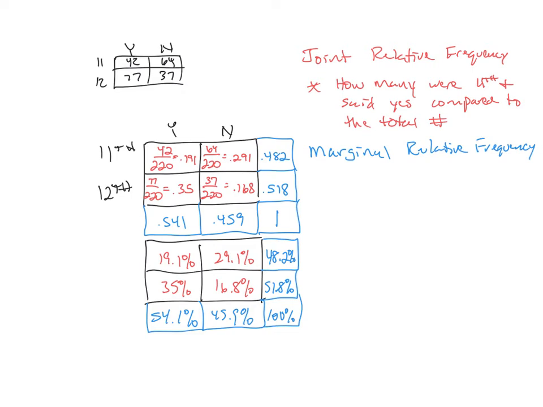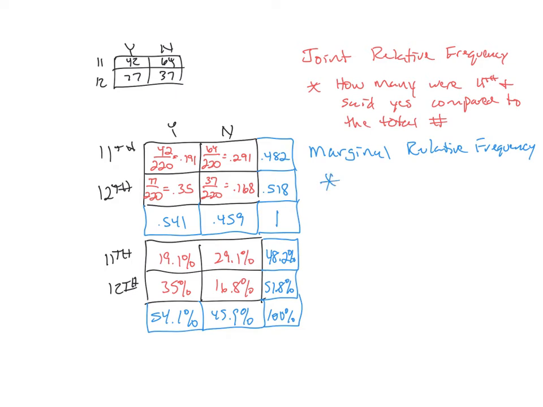It means that 48.2% of the students polled were 11th graders. 51.8% were seniors, and so on. 54% yes, 45.9% no. Okay, so it's just a way to organize data to create some reference points.